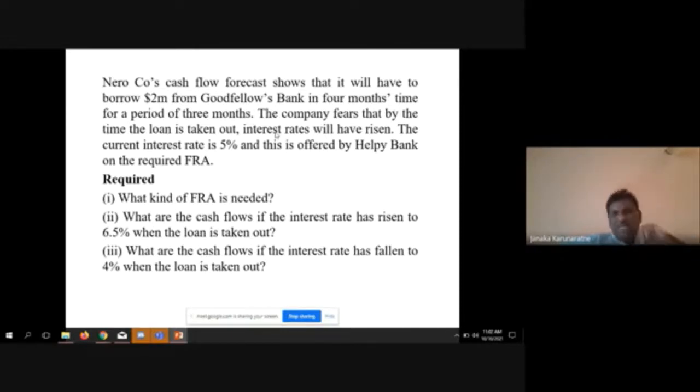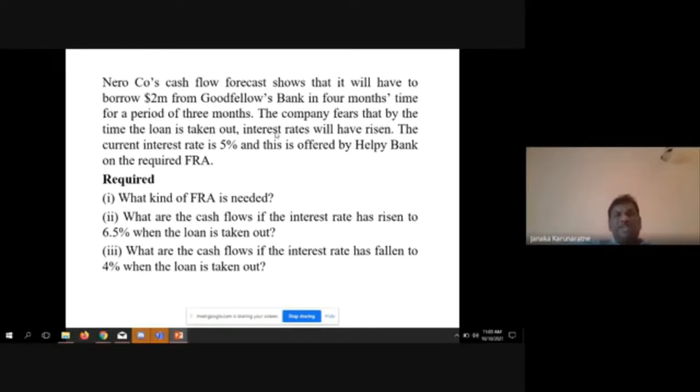The company fears that by the time the loan is taken out, interest rate will have risen. That is the risk the company foresees.